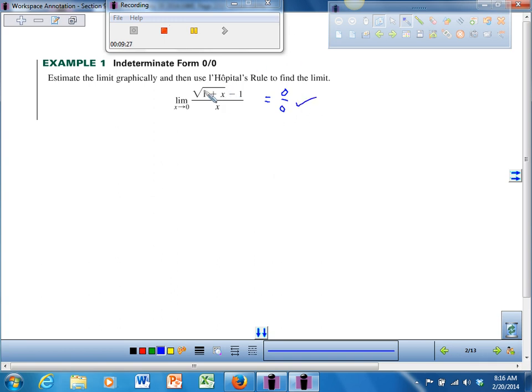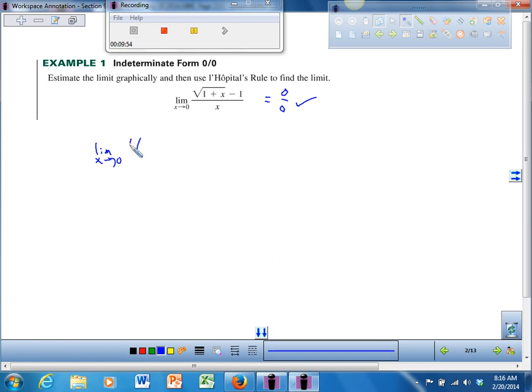That means what we do is we take the derivative of the top, and we take the derivative of the bottom, and we reevaluate our limit. So help me with the derivative of the top. Limit as x approaches 0 of what? Chain rule. We're back in derivatives now. 1 over x squared.